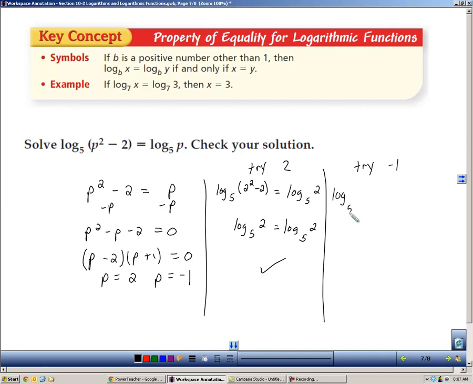So log base 5 of -1 squared minus 2, does that equal log base 5 of -1? Well, -1 squared is 1, and 1 minus 2 is -1. Now, it would appear that that works, but you cannot have negative values in your logs.